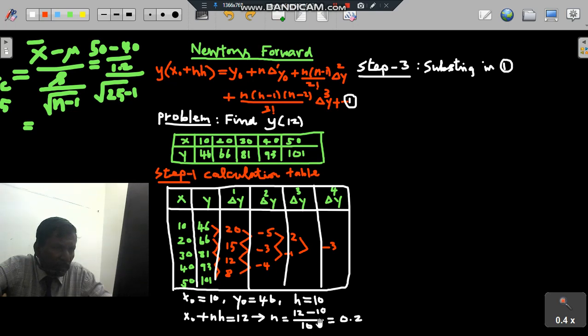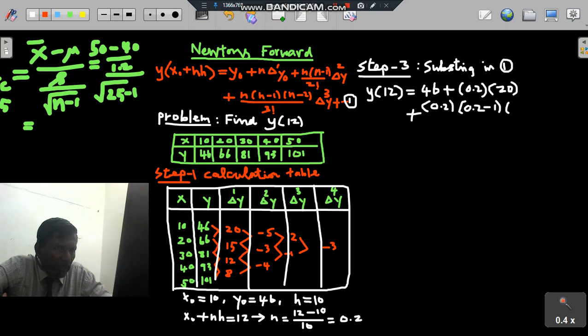If you substitute these values in this equation, what we get is y of 12 equals y naught, which is 46, plus n, which is 0.2, into the first difference, 20, divided by factorial 1, plus n into n minus 1 into the second difference, which is minus 5, divided by factorial 2.